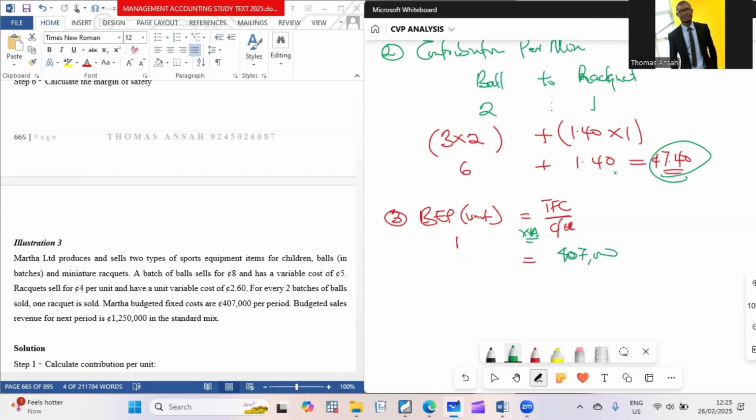But don't forget, if it is in revenue, we are using the ratio in terms of the money. All right. So the break-even point here is 407,000 by 7.40. It is giving us a unit of how much? 55,000 I have here. So that is the unit, 55,000 units.